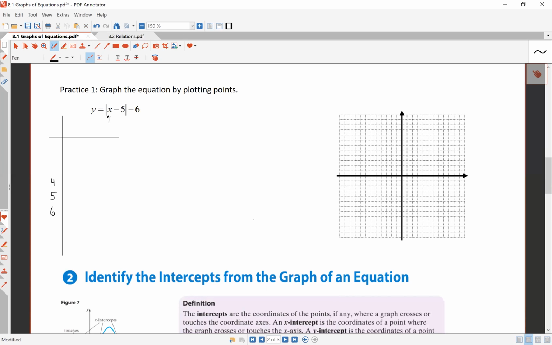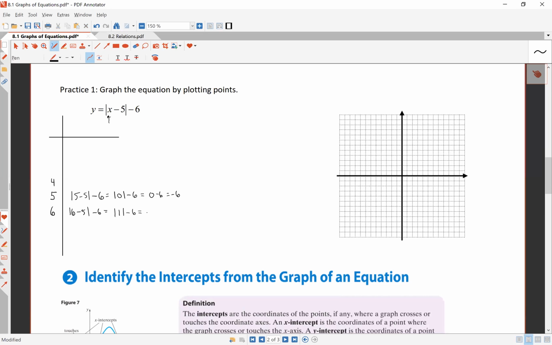Now that you've had a chance to work this out, I'll work this out with you. For x equal to 5, we have the absolute value of 5 minus 5, minus 6, and that's the absolute value of 0. 0 take away 6 is negative 6. When I use 6, the absolute value of 6 minus 5, minus 6, that's the absolute value of 1 minus 6.